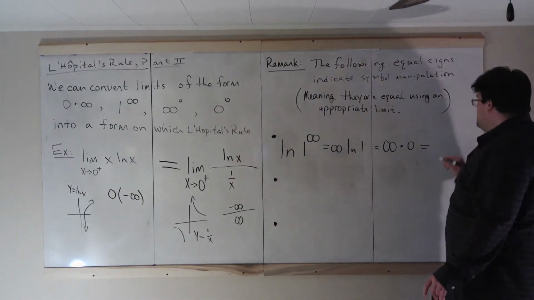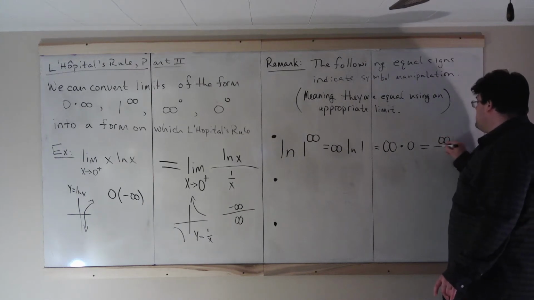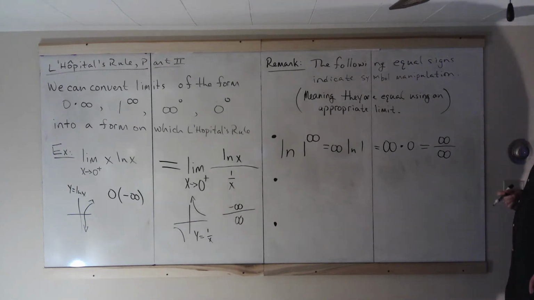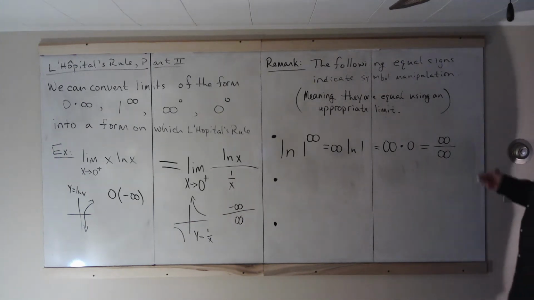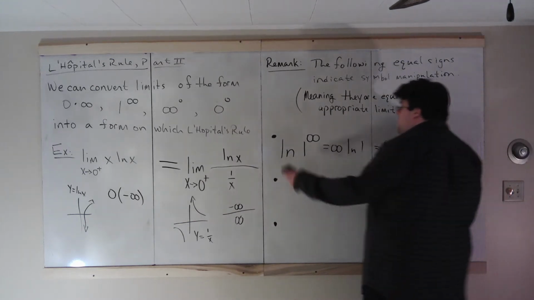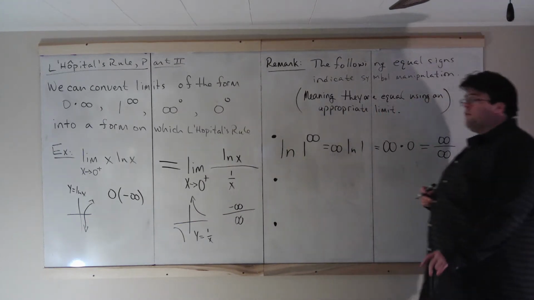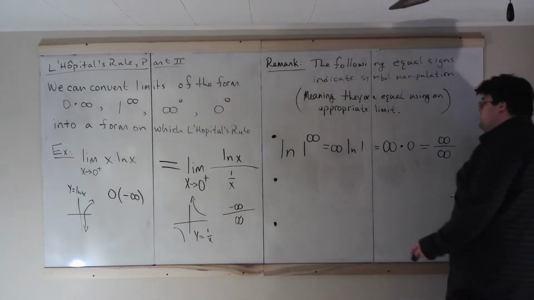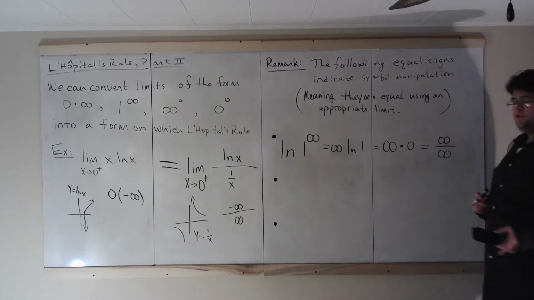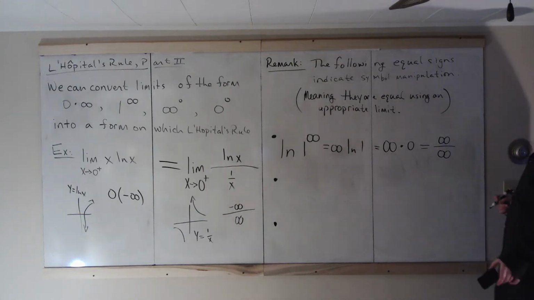And with symbol manipulation, I'll just say that we can make this equal to an infinity over infinity, or 0 over 0. But see, if we throw a logarithm on our 1 to the infinity form, you can bring the exponent down, and then that turns into a 0 times infinity form.